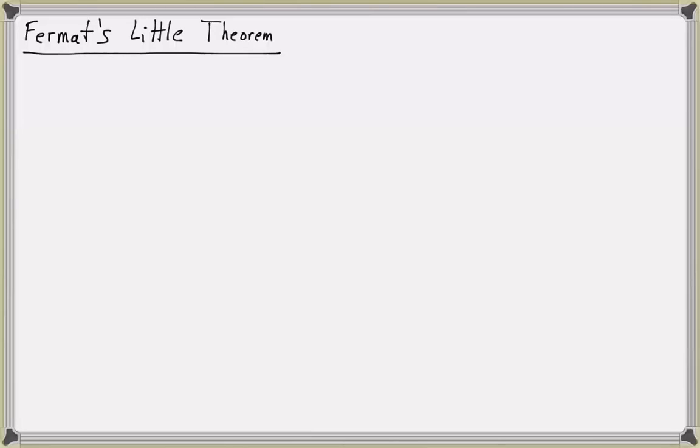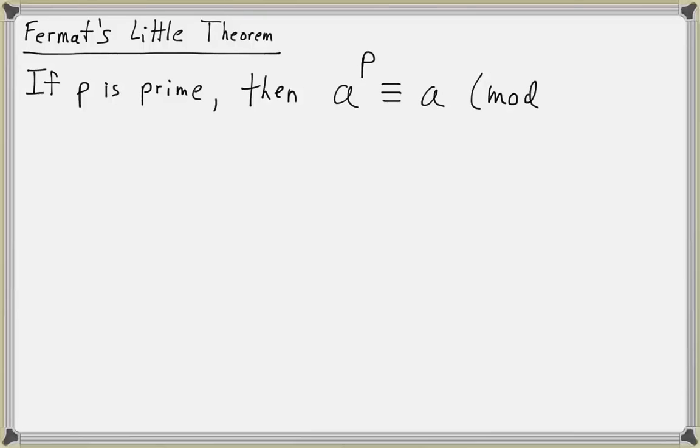So Fermat's theorem says if p is prime, then a to the power p is congruent to a mod p. If p does not divide a, then I can actually divide both sides of this congruence by a to obtain an alternate form of Fermat's little theorem.